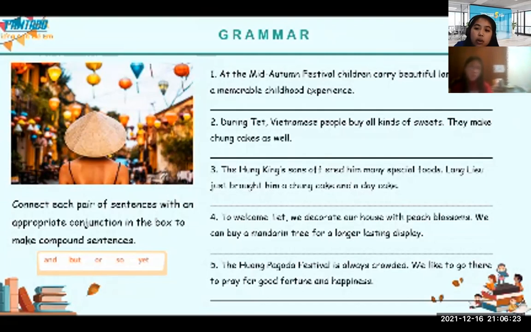It's a memorable childhood experience. Okay, very good. Now I want you to connect each pair with an appropriate conjunction. What conjunction would you use? What conjunction would you use?